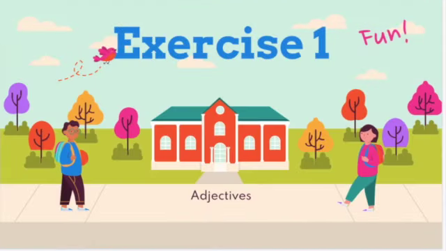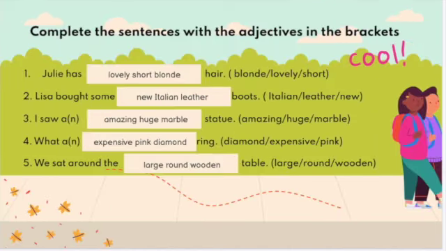Let us discuss our answers for our exercise. So you just need to look for your names. Here I have provided all of the slides for your exercise. Let's discuss any of the answers. So first, we have Julie has lovely short blonde hair.